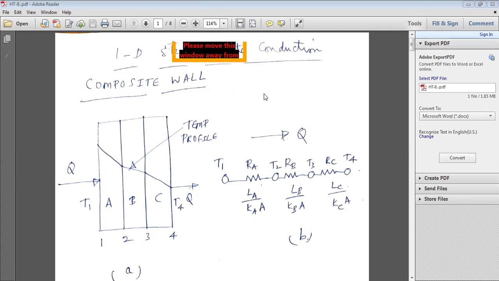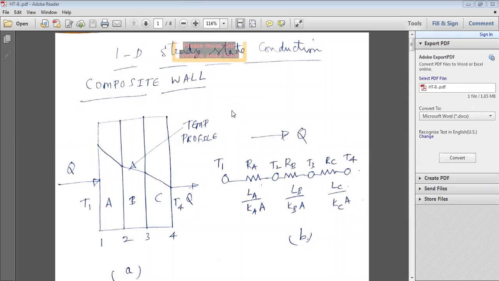Okay, in the last class, we discussed one-dimensional steady state heat conduction for a single plane wall.